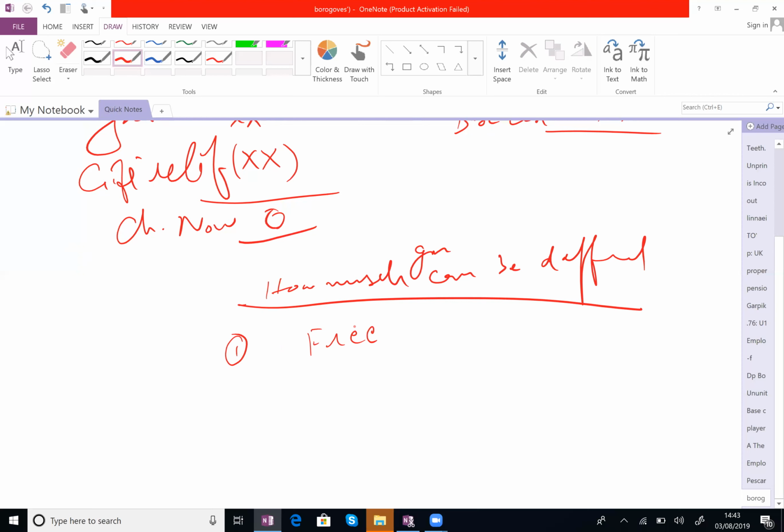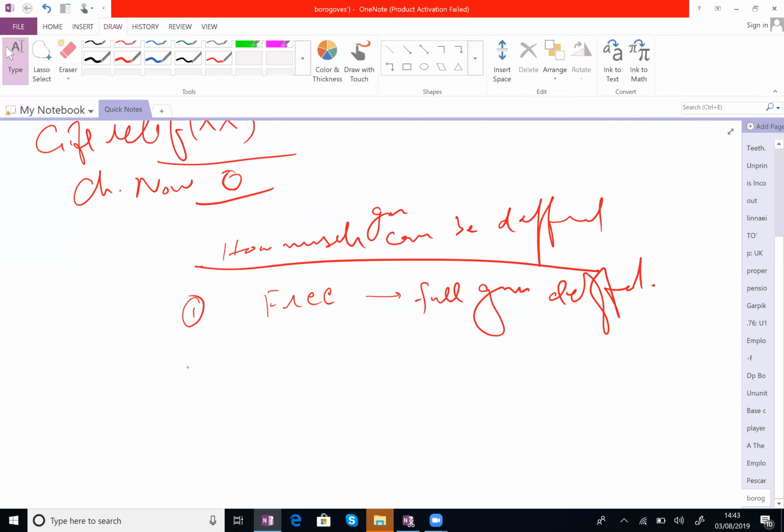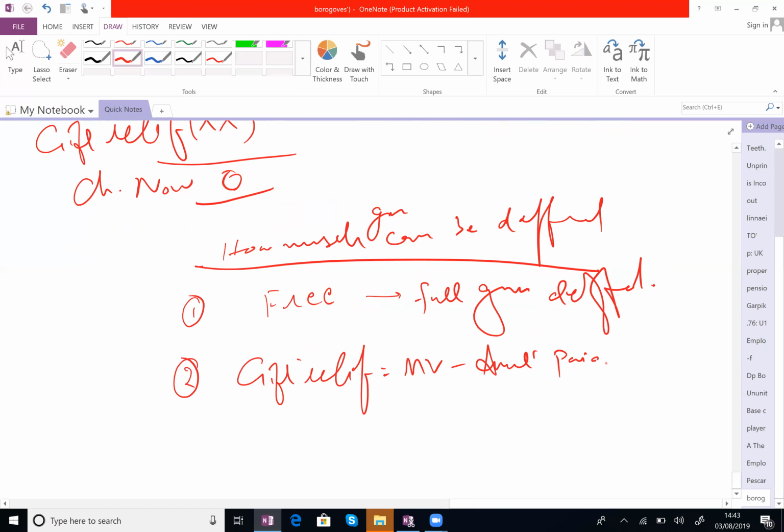You are giving it to me free. So the full gain will be deferred. And second, if you are charging some amount from the donee, then how much gain will be deferred through gift relief? The gift relief is equal to market value minus the amount paid by the donee.